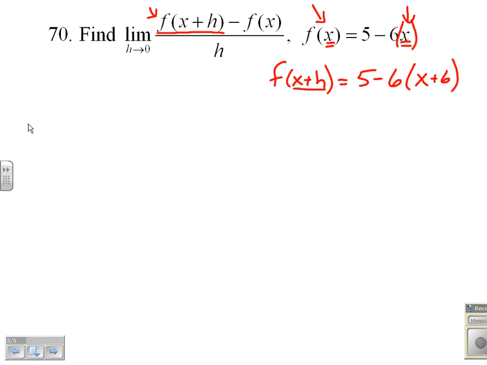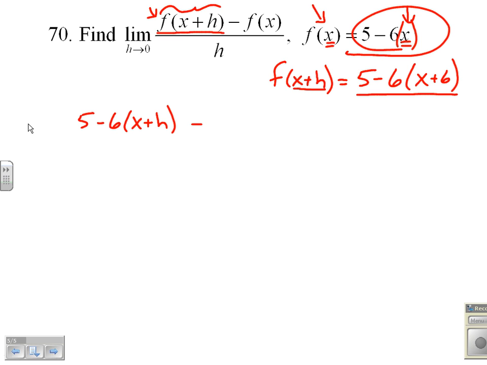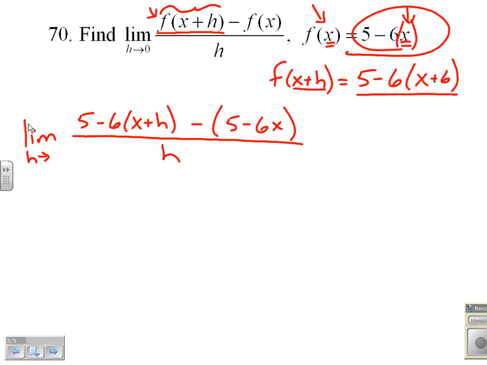So let's piece this together. I want to put this guy in place of this. So f of x plus h is 5 minus 6 times x plus h. And then I want to subtract f of x. But I'm subtracting all of f of x, which is 5 minus 6x. And I'm putting that on plain old h, trying to find the limit as h approaches 0.